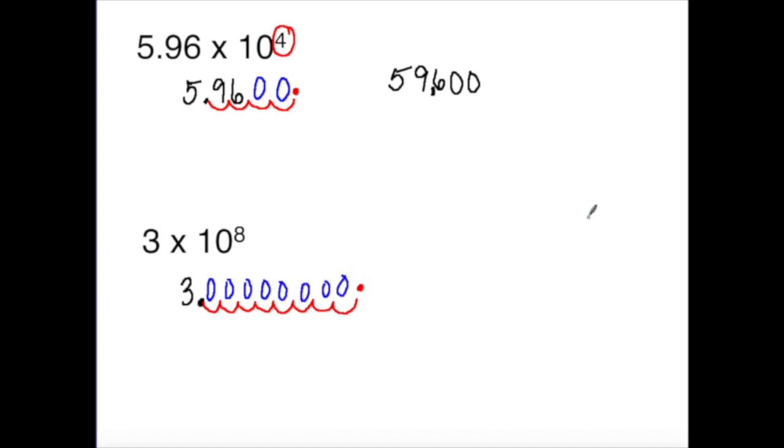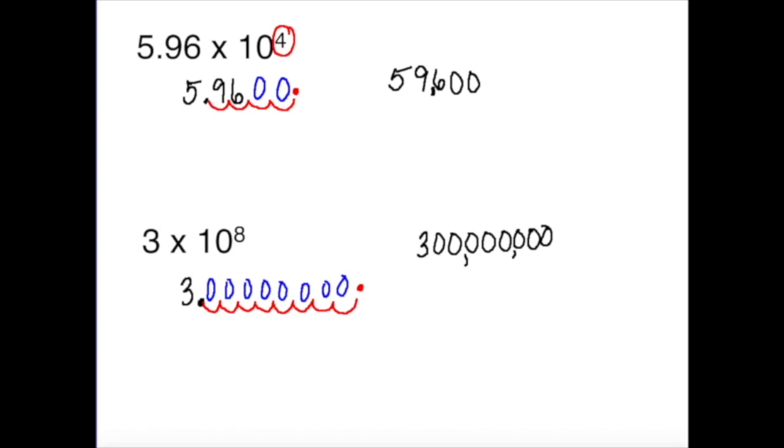Now this is a very large number to write, so it definitely is beneficial to write it in scientific notation. So let's go back and let's write it in standard form. So we had 3 and 8 zeros. 1, 2, 3, 4, 5, 6, 7, 8. And then let's just add the commas. 1, 2, 3, comma. 1, 2, 3, comma. All right.